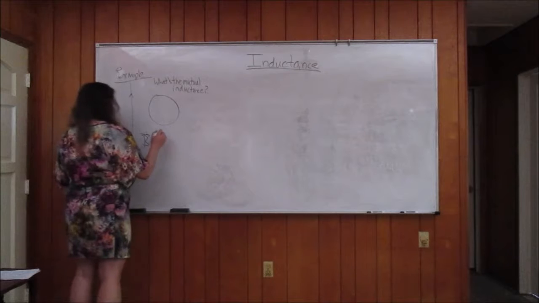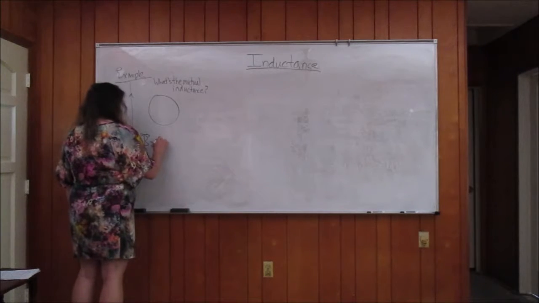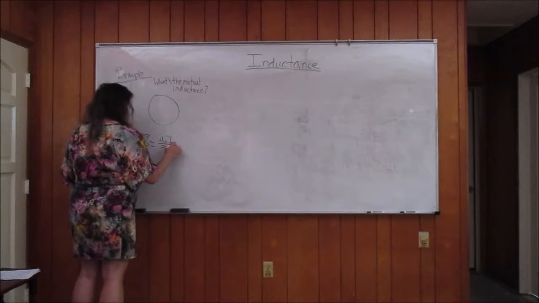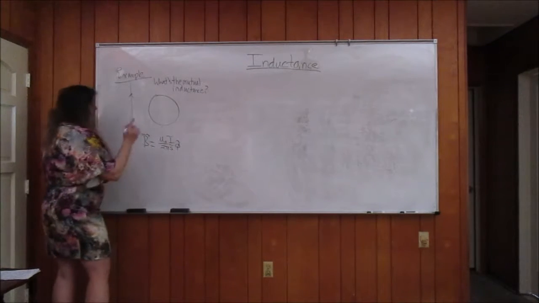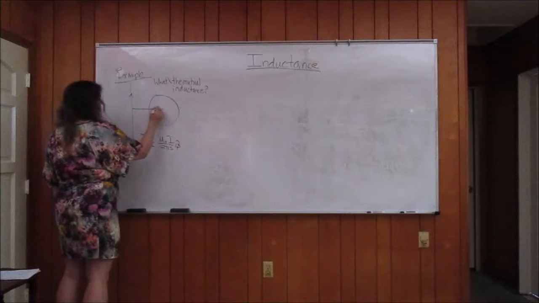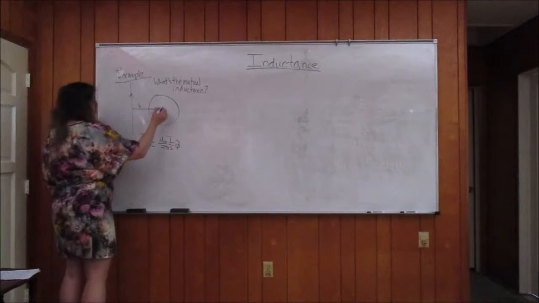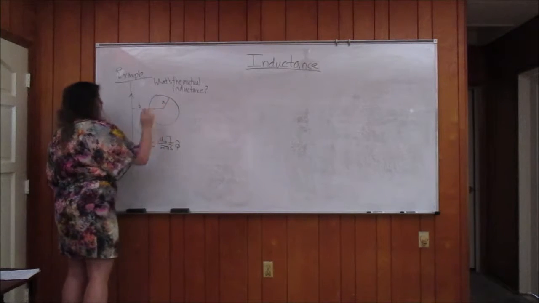So this is equal to mu naught I over 2 pi s, again in the circumferential direction. I'm going to assume that the distance from the wire to the center of the circle is b, and that the radius of the circle is a.